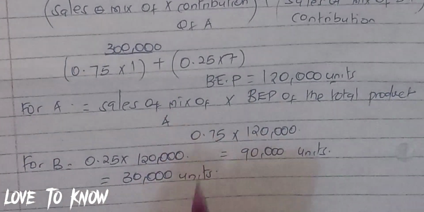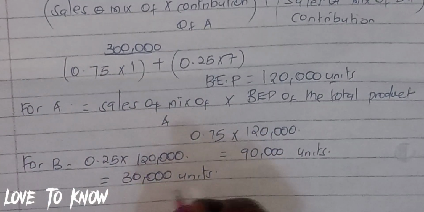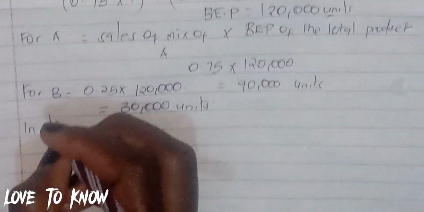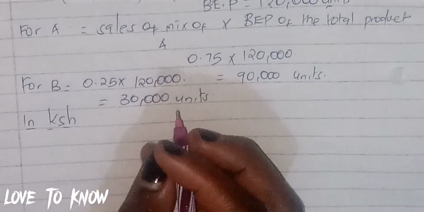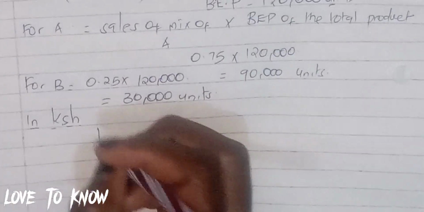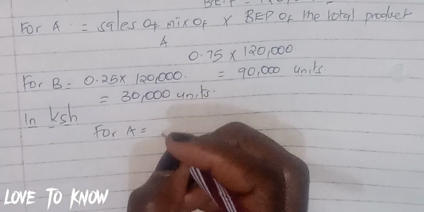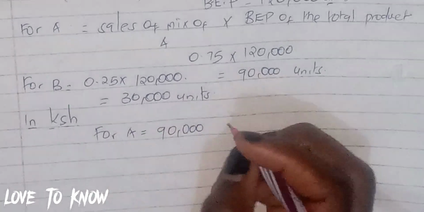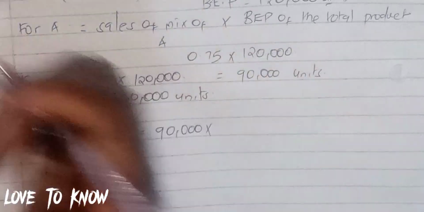After getting the break-even point for the two products in units, now we'll calculate the break-even point of each product in shillings. In this case, for A, we'll take the units amount and multiply by the sales value given in the question.